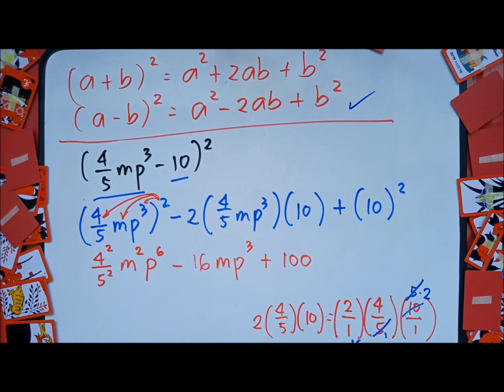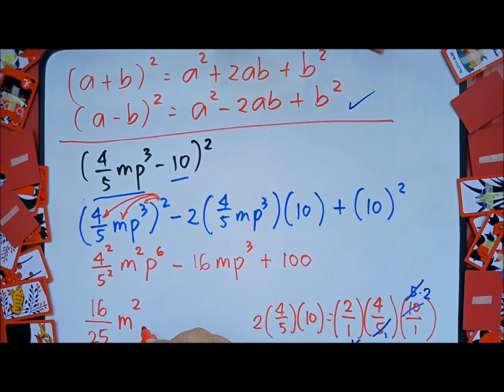Is this your final answer? No. Your final answer, you have to simplify this. 4 squared is equals to 4 times 4, 16. 5 squared is 5 times 5, 25.